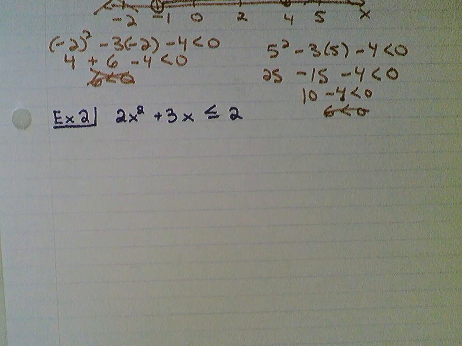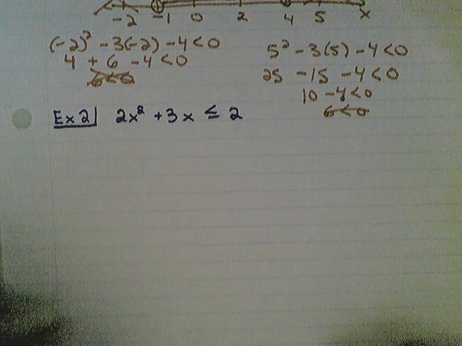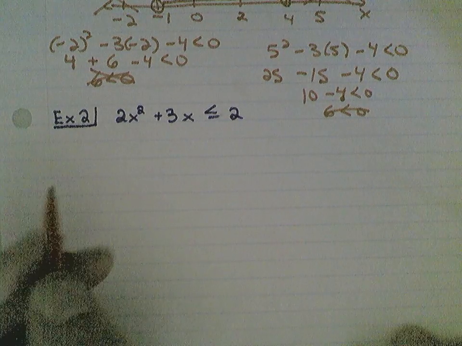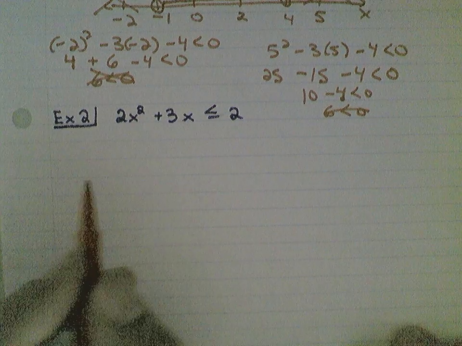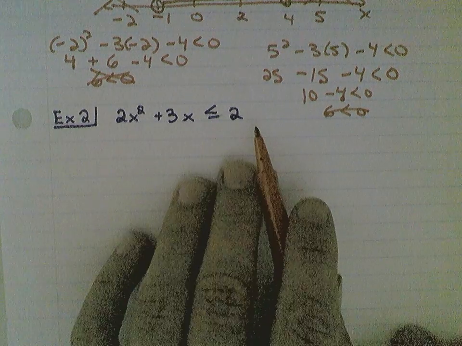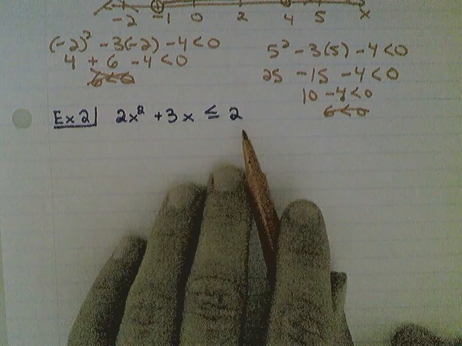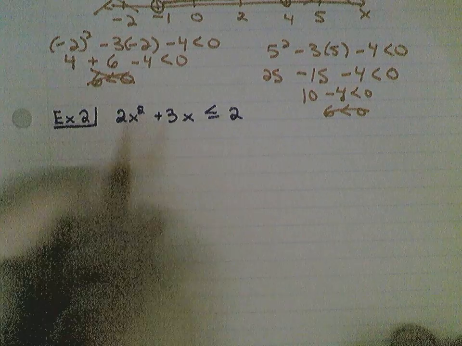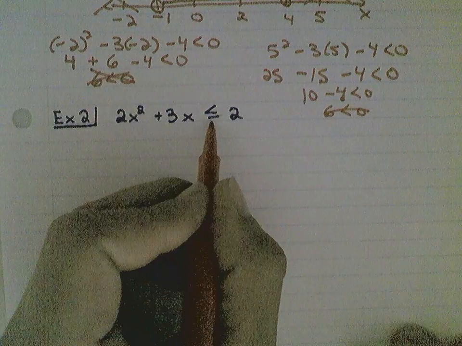Alright, in this video I'm going to do a second example of solving quadratic inequalities algebraically. Whenever we're solving an inequality algebraically, we want to first solve it as if the inequality sign was an equal sign.